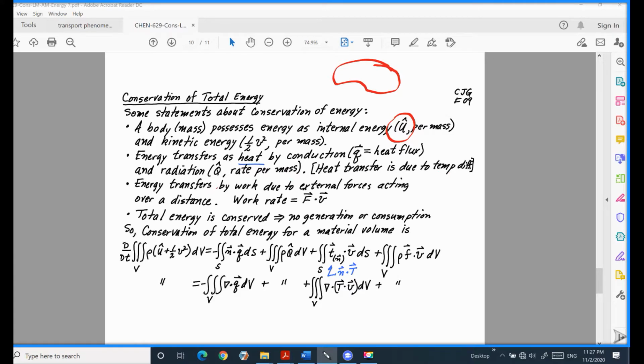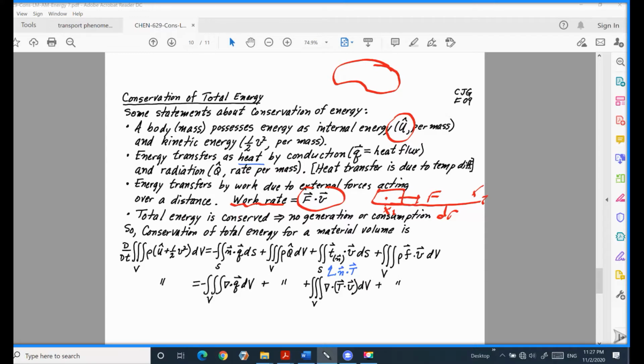Then there is energy transfer by work due to the external forces, like the work term we defined before. The work is on any body, where F is the force acting and taking this body from some x1 to x2, we call this dr, and finally we obtain this work term from here.